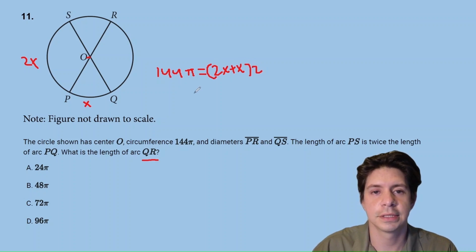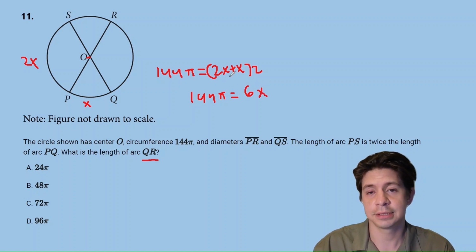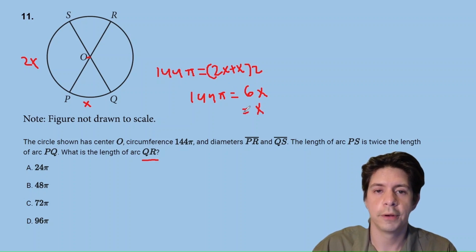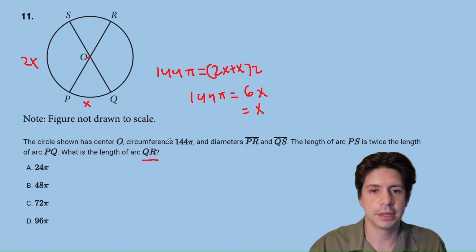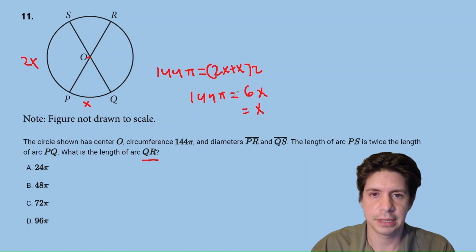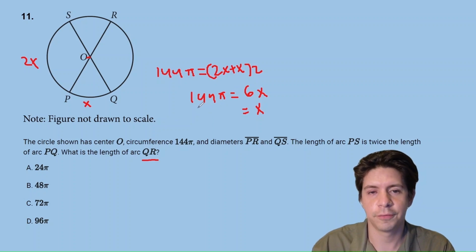So that's going to give us 144 pi equals 6x, right? Because 2x plus x is 3x, you double it. So then x equals 144 pi divided by 6. And look at the answers, right? They're all written with pi, so I'm not going to bother multiplying it out, right? Always look at the answers to know exactly what's expected of you. 144 divided by 6 is 24 pi.